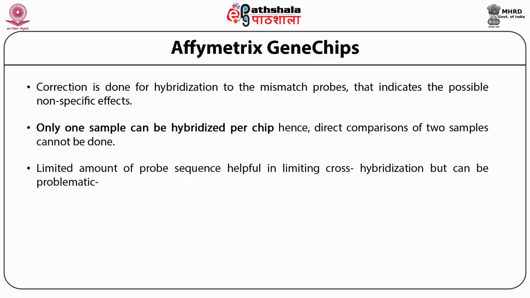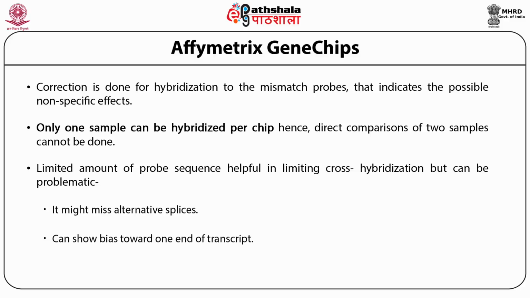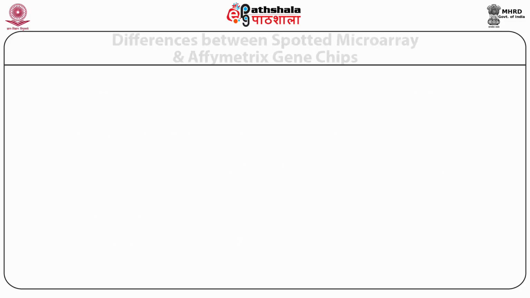A limited amount of probe sequence is helpful in limiting cross-hybridization but can be problematic because it might miss alternative splice sites, can show bias towards one end of the transcript, or we can say that it is heavily dependent on good genome annotation, which might not always be possible.